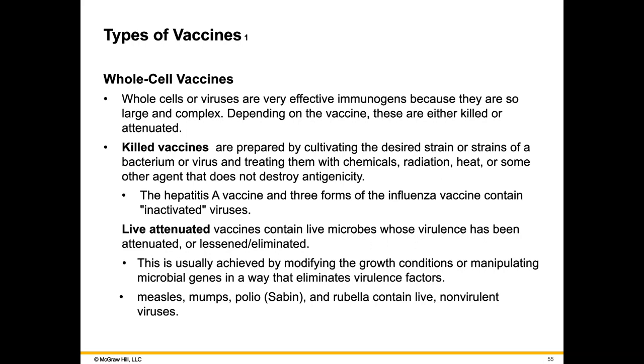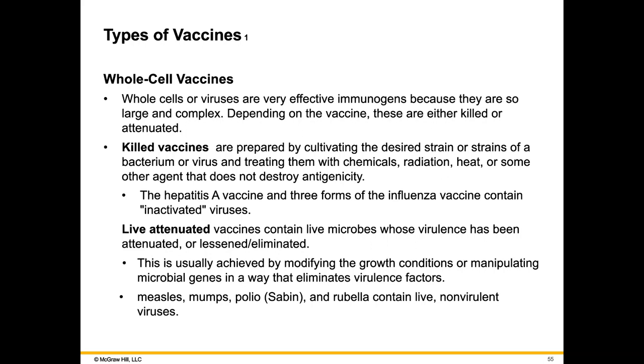And the killed vaccines are prepared using whatever the desired strain or strains of bacteria are that we are trying to make a vaccine for, and they're called the killed vaccines because we are going to treat those cells with chemicals or radiation or heat or any kind of treatment that will destroy the cell's ability to make someone sick. That would be like the virulence, but it doesn't destroy the antigenicity.